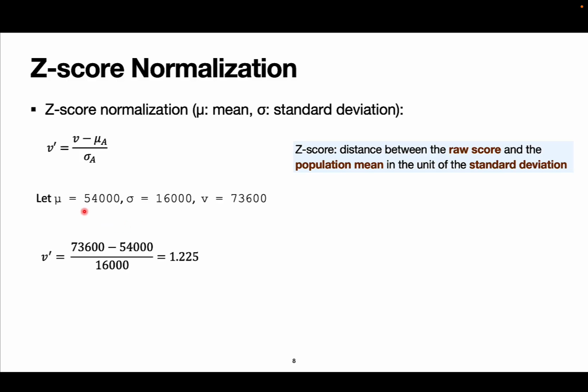Here's a concrete example. mu equals 54,000, sigma 16,000, and v equals 73,600. We plug in the numbers and the normalized value is 1.225, which means it's within 1.225 standard deviations from the mean.